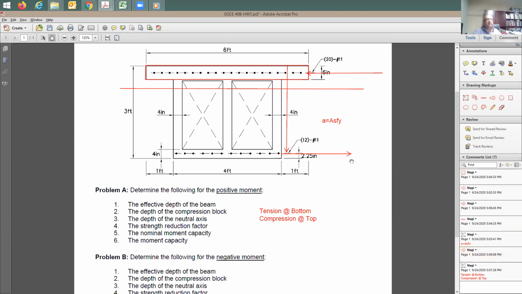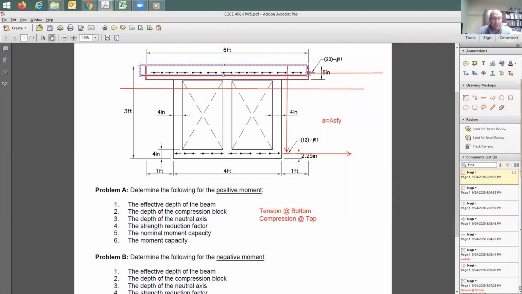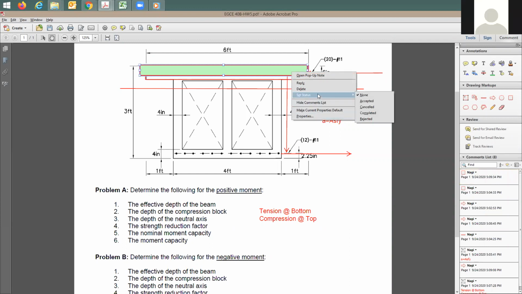How about the compression of the concrete? Well, compression of the concrete is going to be based on the depth of the compression block, lowercase a. Let's say this is the lowercase a block depth. It's going to be up to here, and this depth here is going to be equal to a. So let me do a quick shading to it. Is this the one where A will be within the 6 inches, resulting in a rectangular section?